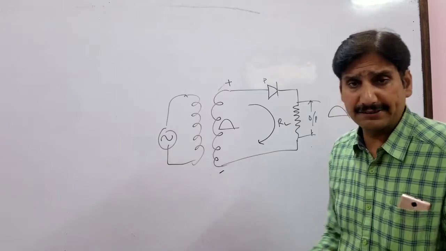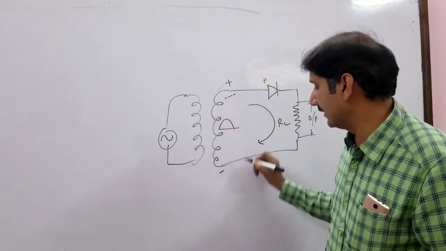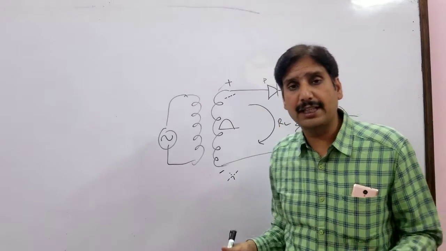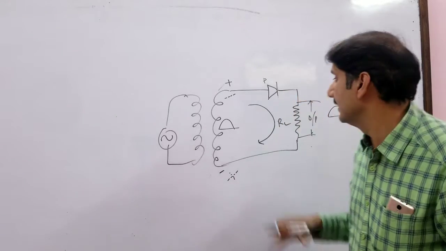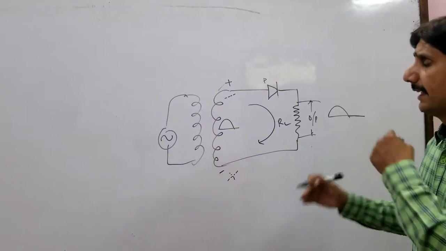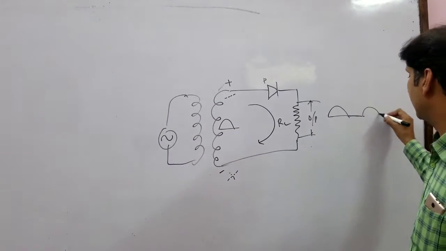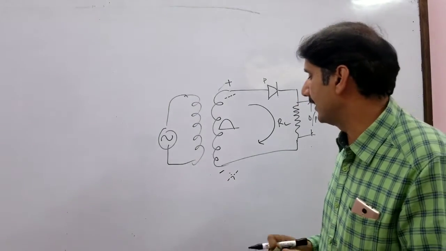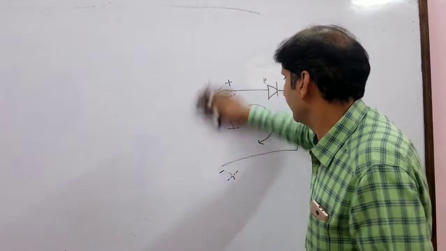But in the next half cycle, when this end becomes negative and this end becomes positive, the diode gets reverse biased, and we know that a diode does not conduct in reverse bias, so there will be no output across the load resistance. Again, in the positive half cycle, it will start conducting. So we can draw the waveform for a half wave rectifier.